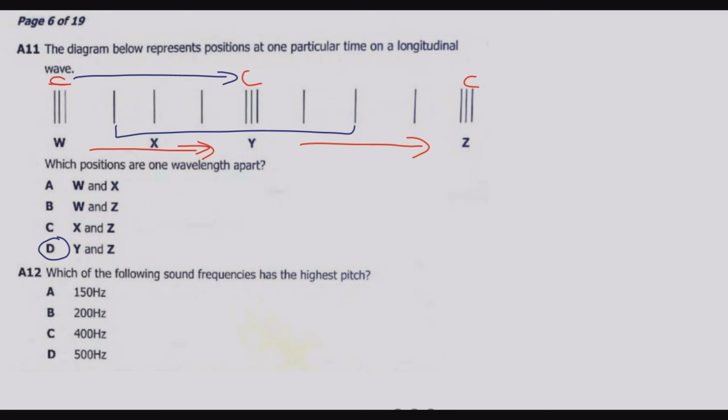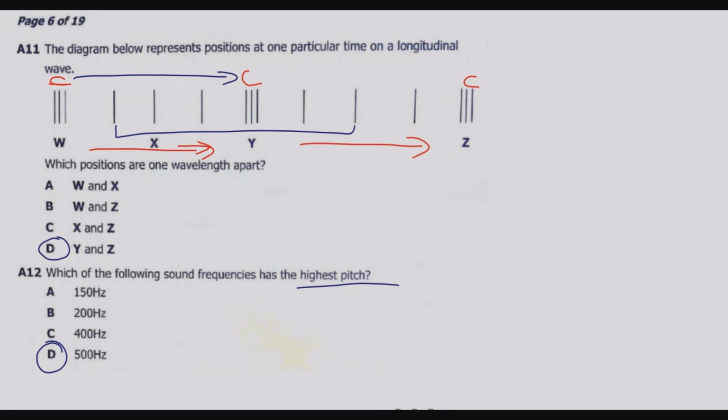Higher frequencies produce a high pitched sound, while low frequencies produce a low sound. So we need to look for the one with the highest frequency, as it will have the highest pitch.